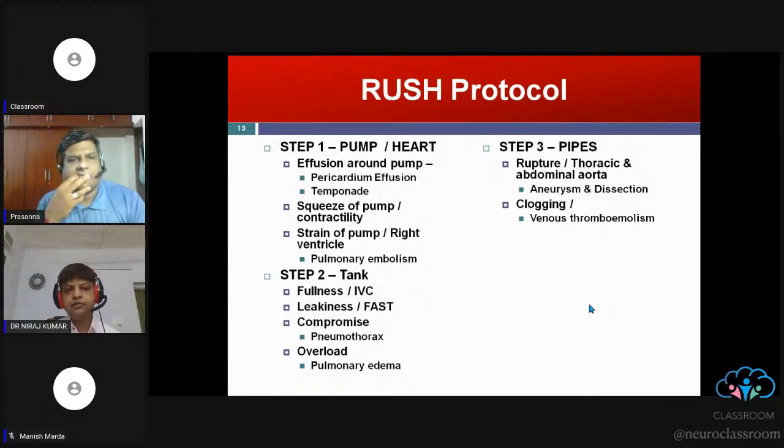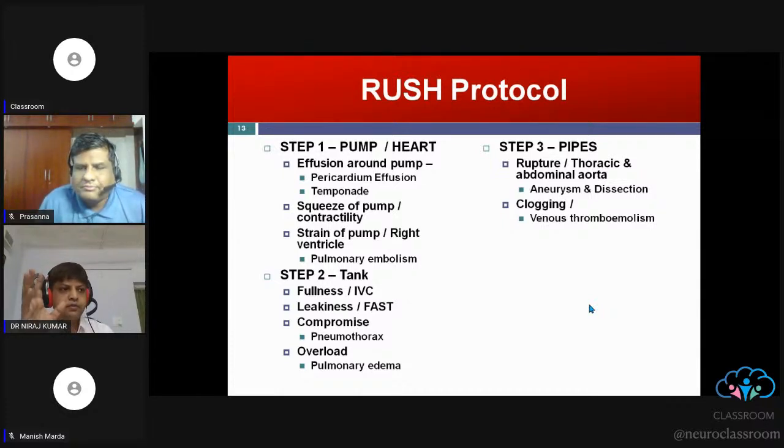That means the inferior vena cava. And the third step is to identify the major blood vessels, like the abdominal aorta or femoral veins.